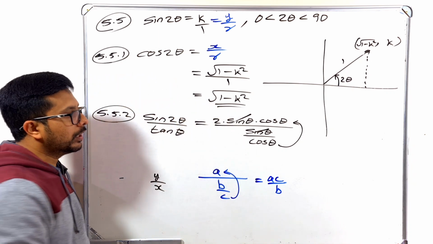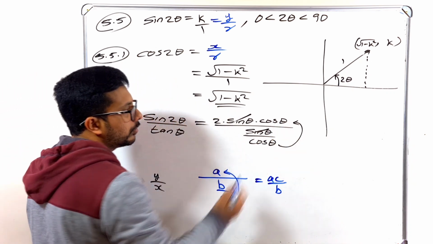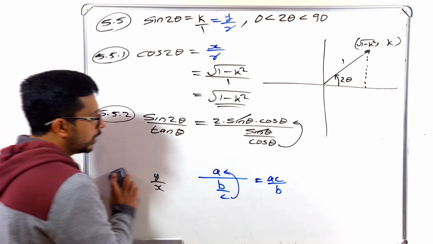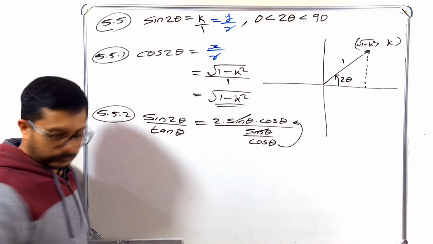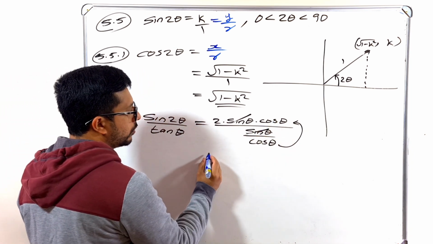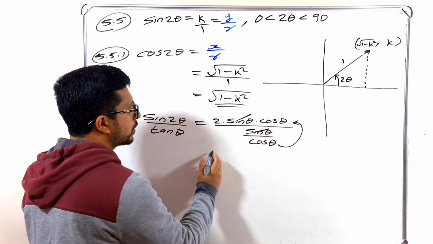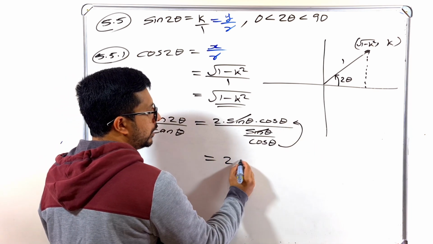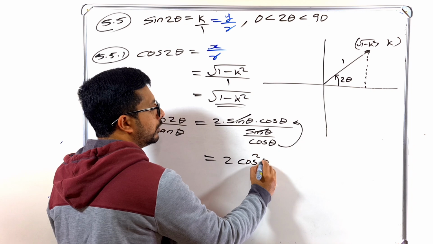Okay, so here similarly this cos theta you have to multiply with that numerator. Okay, so now what is that one? This cos theta into cos theta, cos square theta. So there is a 2 here, then cos theta times cos theta is cos square theta.